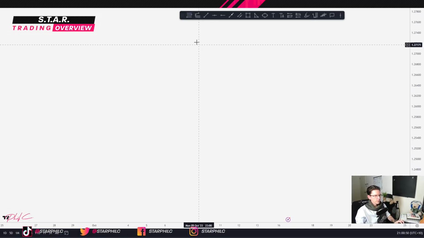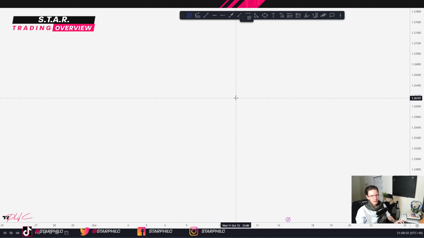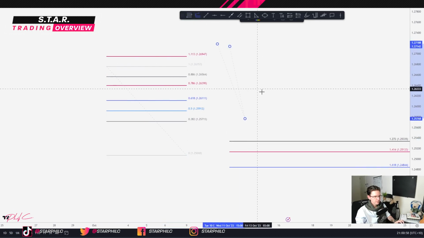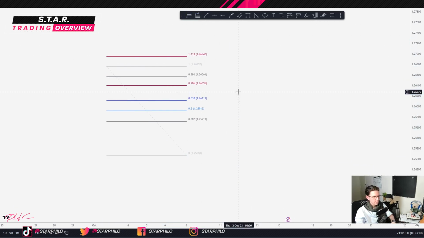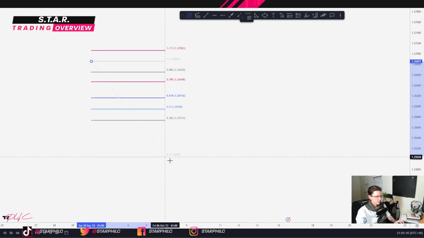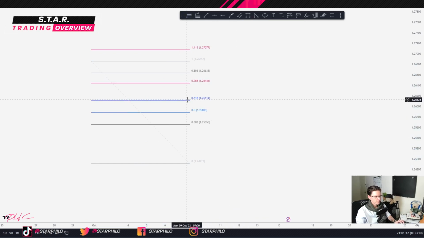What we need to do when we identify Cypher pattern trades is use Fibonacci retracements and Fibonacci extensions. Now, if you don't have these set up right now, let's go over it real quick. If you've already done this, just skip ahead and get to the training itself. But first, you need a Fibonacci retracement setup.